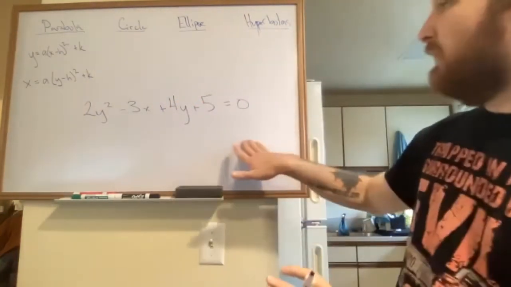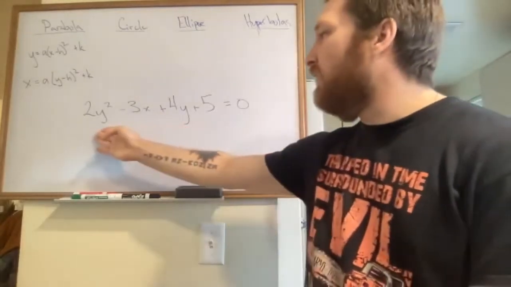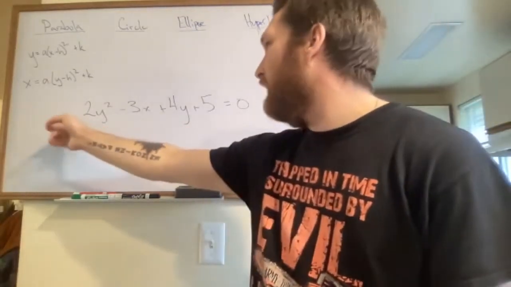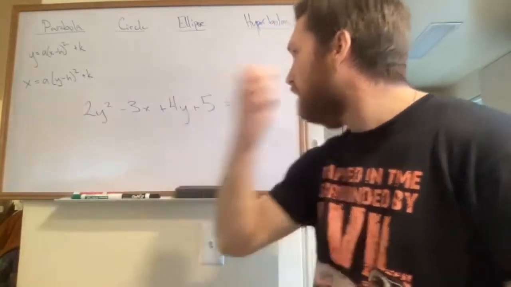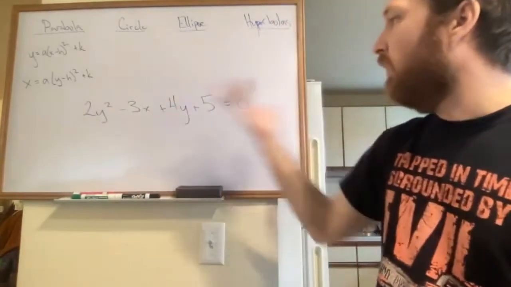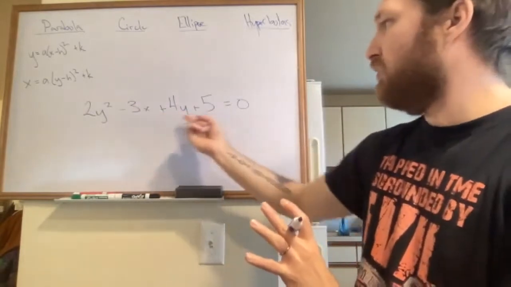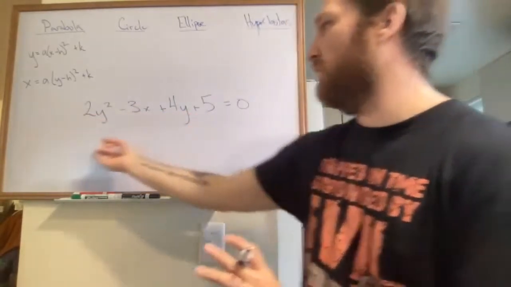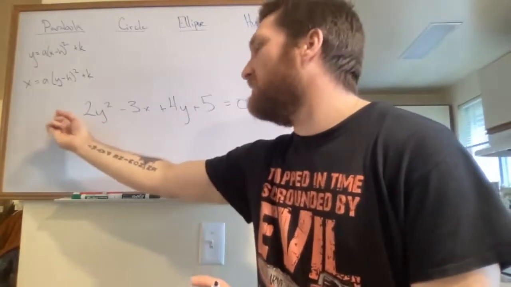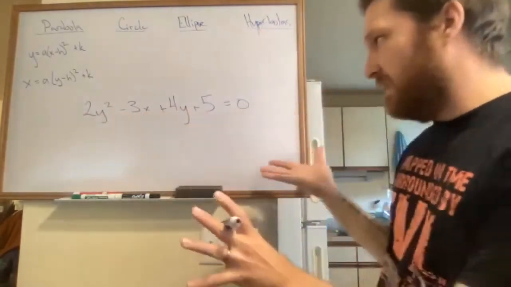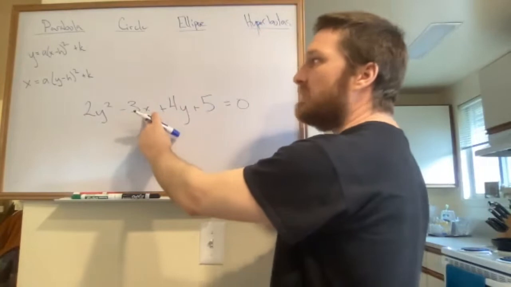It's very similar to the thing that we just saw on the board. The only difference is it doesn't have an x squared term. There's no x squared term. Well, if that's the case, you can get x all by itself.